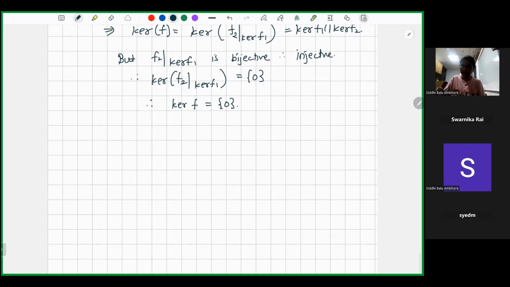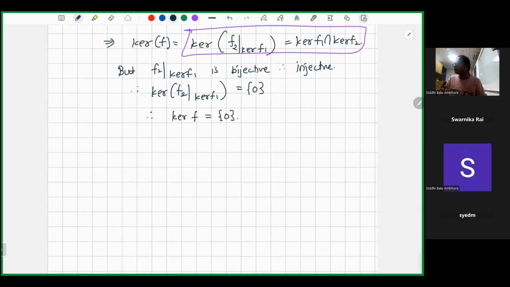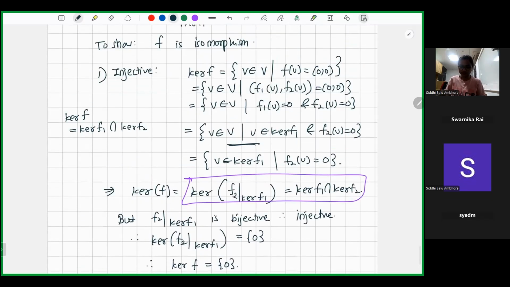You can just try to understand this here. So therefore F is injective. And now the surjective part. Second is surjective.